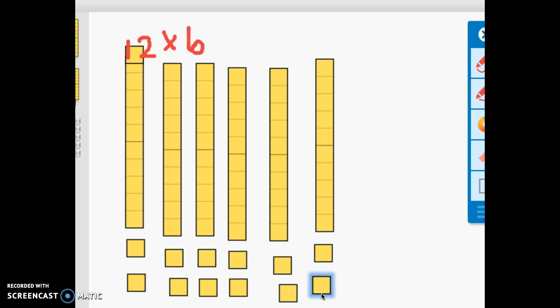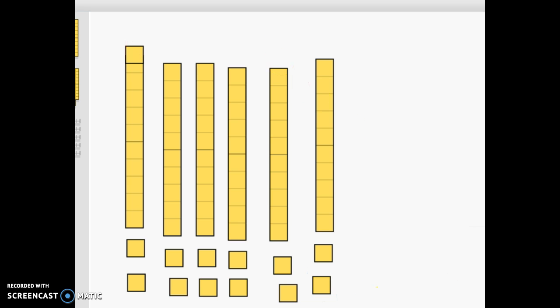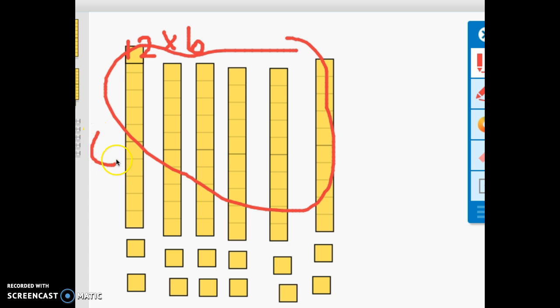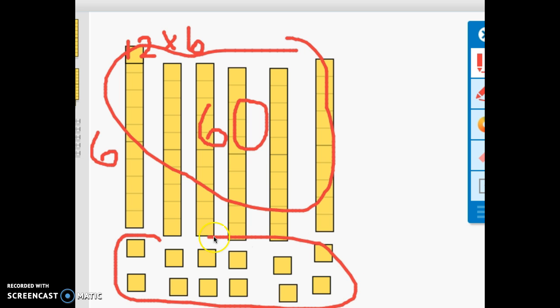Now that we have our complete model, we can see that we have 6 10s, and that equals 60. And we have 12 1s, which equals 12.